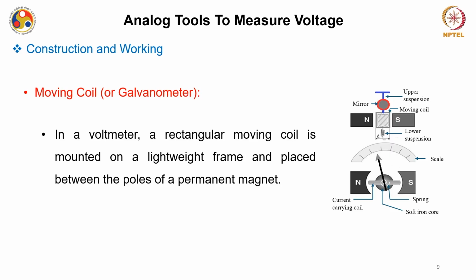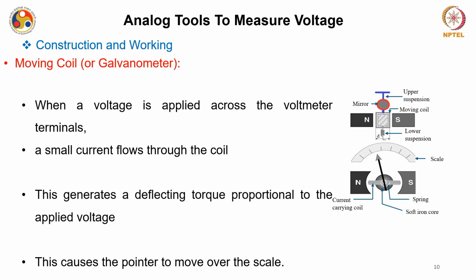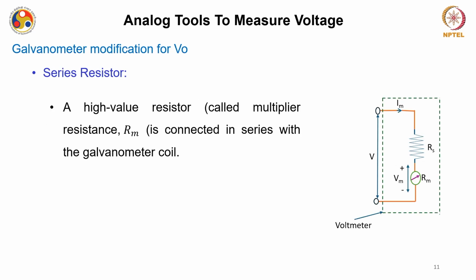In a voltmeter, similar to what we have seen for all kinds of moving instruments, a rectangular moving coil is mounted on a lightweight frame and placed between permanent magnetic poles, okay. When a voltage is applied across the voltmeter terminals, a small current flows through the coil, which generates a deflecting torque proportional to the applied voltage, and because of this the pointer moves.